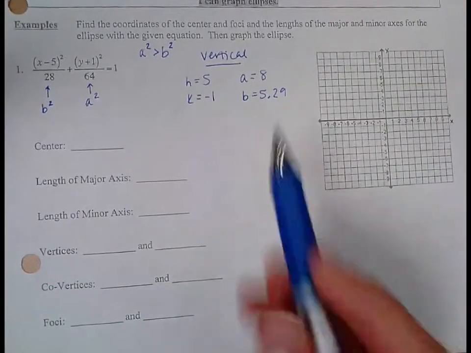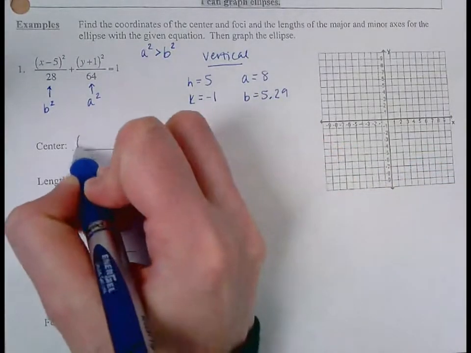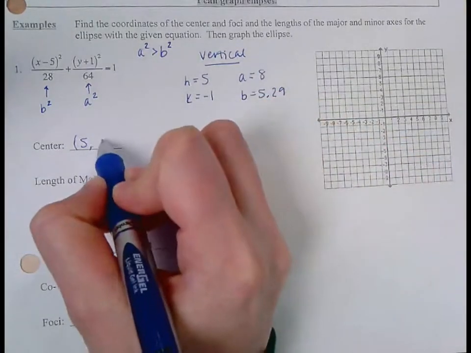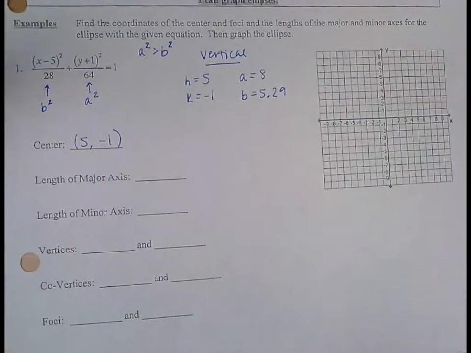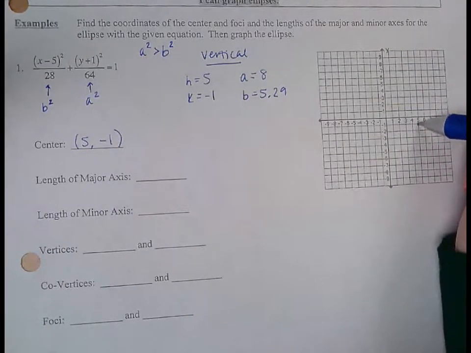Okay, and then now I have everything identified that I can use my formulas to find the characteristics of this graph. So the center is HK, so I know that is 5, negative 1, sorry, I was looking at A, 5, negative 1. And I'm going to plot the center right away.